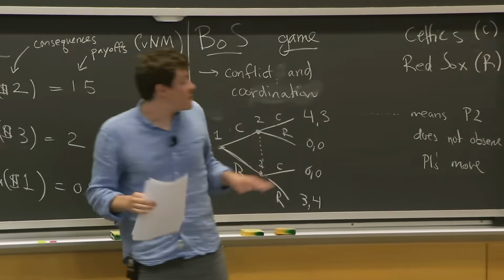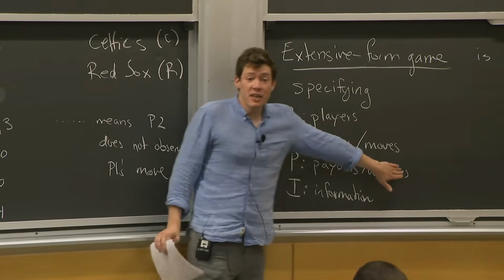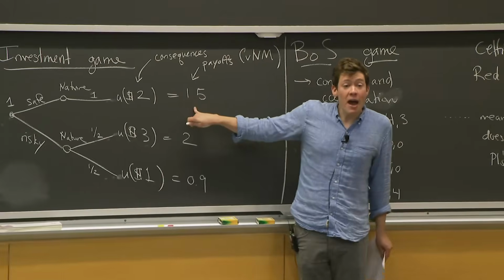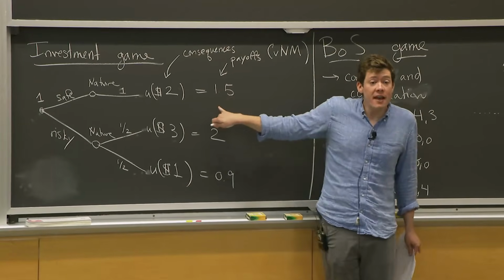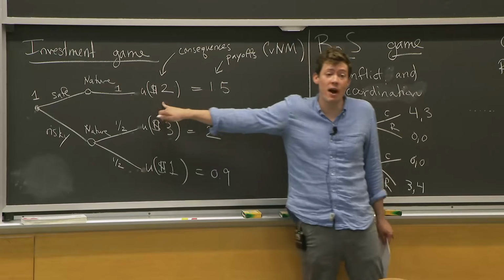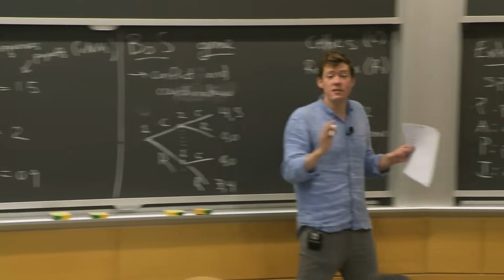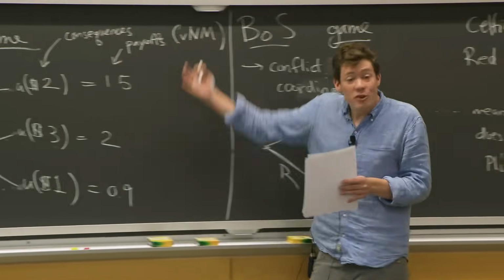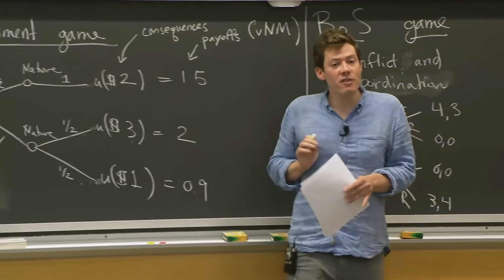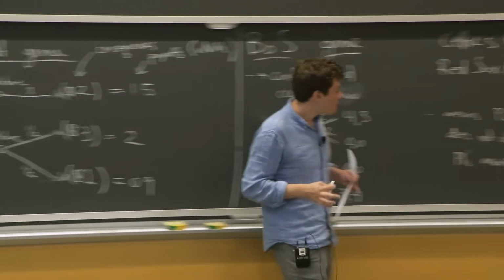One really important thing is payoffs always means utilities. So even in this game here I would say your payoff is 1.5. What I mean by that is your utility is 1.5. I'm not talking about the monetary payoff. So if I don't use the word monetary, we're always talking about utilities. Why? Well, it's really the utilities that matter. The monetary payoffs are sort of in the background, but everything really comes down to the utilities.